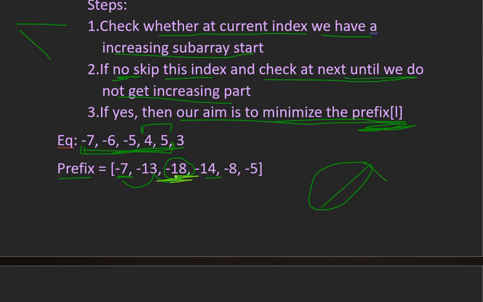So we should take minus 18. That is, we should not consider these elements; we have to subtract these elements from our sum. Our sum was prefix of r plus 1 minus prefix of L, so if we subtract this from prefix of r plus 1, then our sum will be maximum. I hope you are getting it.